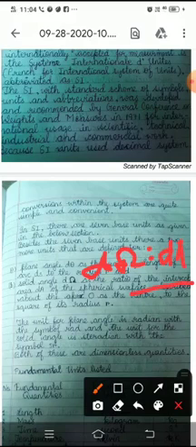Now we can say d sigma is equal to dA upon r square.